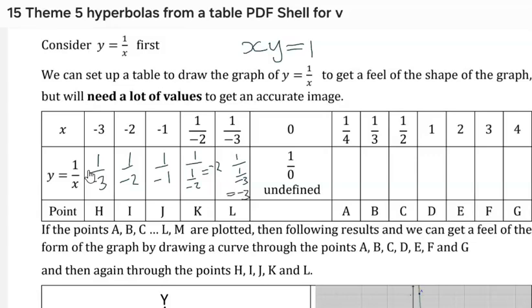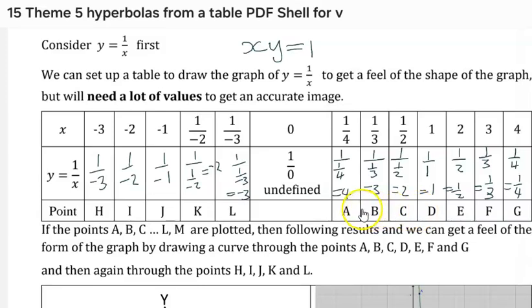And similarly here, if I have 1 divided by a quarter, I will get 4, and 1 divided by a third, I will get 3, and 1 divided by a half, I will get 2, 1 divided by 1, I will get 1, 1 divided by 2, I will get a half, and 1 divided by 3, I will get a third, and 1 divided by 4, I will get a quarter.